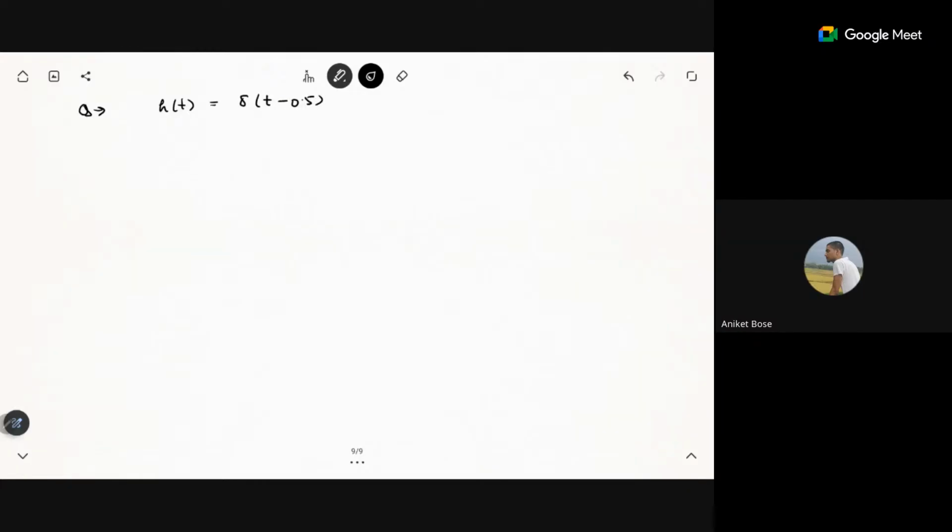Now there is an input x(t), and if this input is cascaded with two such systems, h(t), then what will be my output? Let me simplify this.